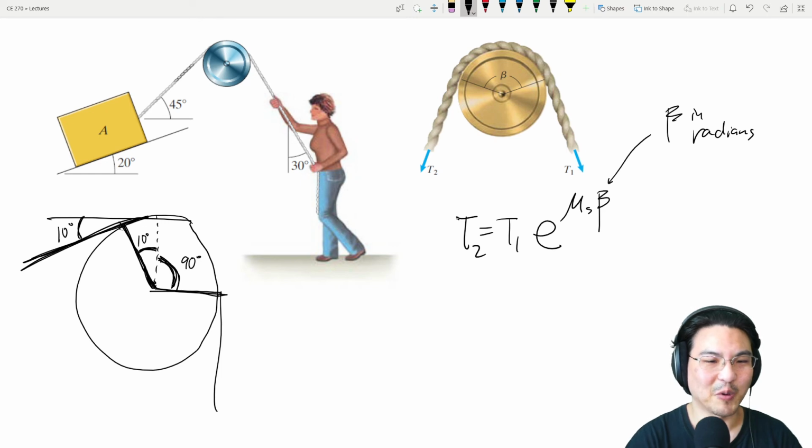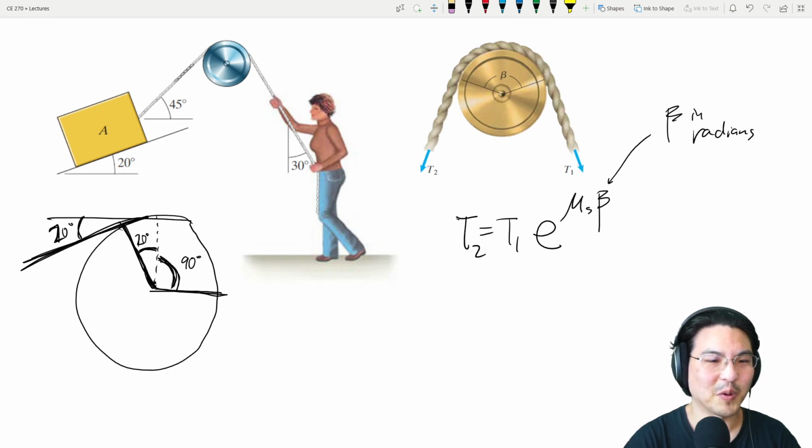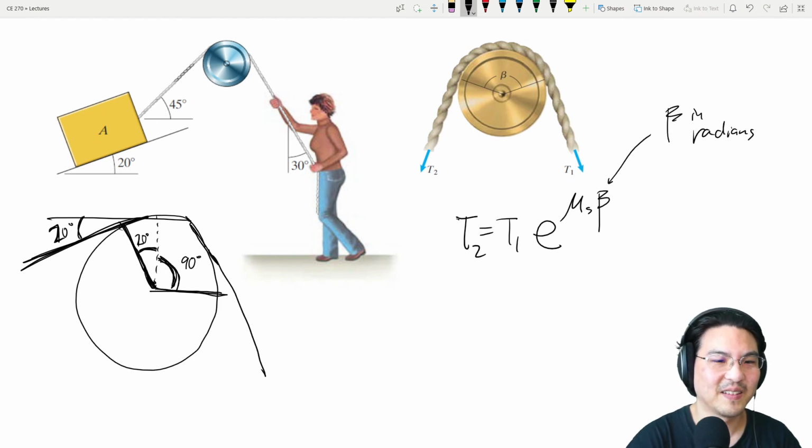And now let's say the rope wraps around an extra 10 degrees over here. What does that do? Now, see right here? That's an extra 10 degrees. And if over here that's 20 degrees, then this would be 20 degrees. Or how about if the rope were more like this, and then let's say right here is 10 degrees.